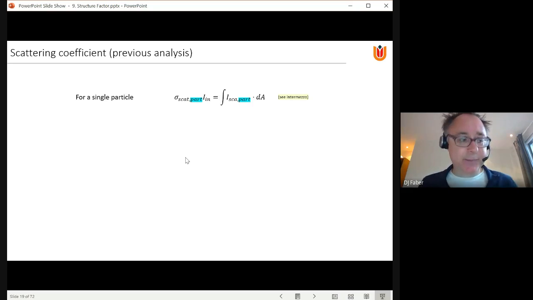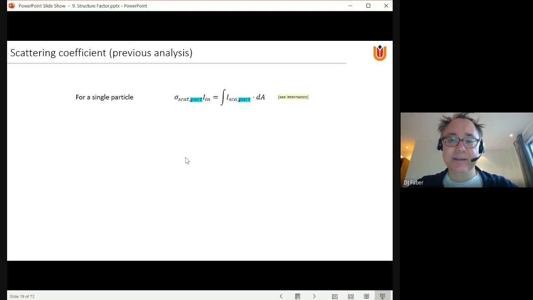So, a brief recap, just to be sure that you have all the right formulas in the slides. This is how we calculated a scattering cross-section for a single particle. We knew that the product of the scattering cross-section times the incident intensity equals the scattered power.